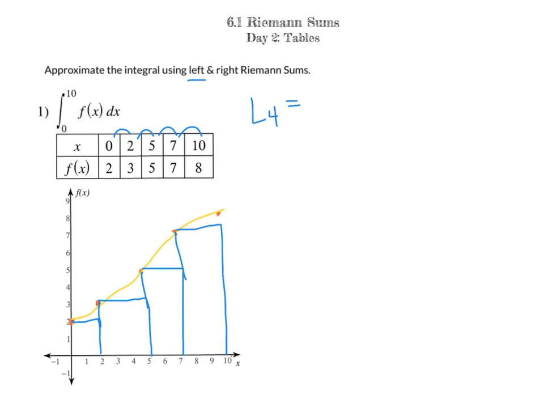doing base times height. So our first rectangle, the base is 2, and the height is found here, which is 2. Okay, our second rectangle, the base is 3, the delta x, so the distance between these two x values is 3, and the height, so if you look at these two, you go to the left to find the height, which is 3.